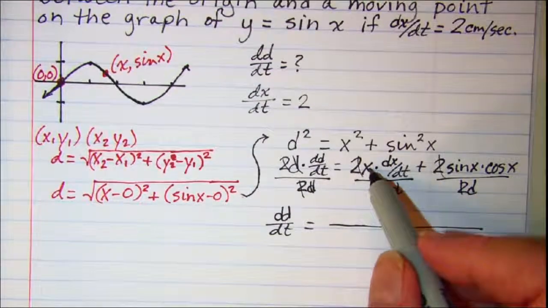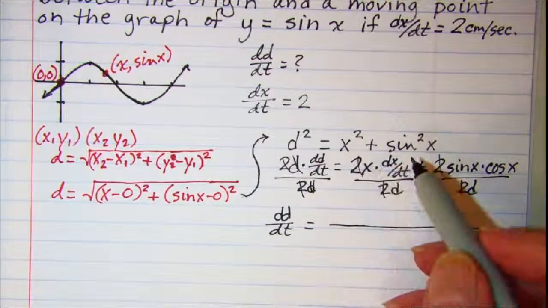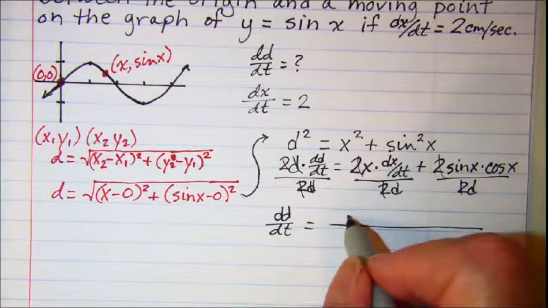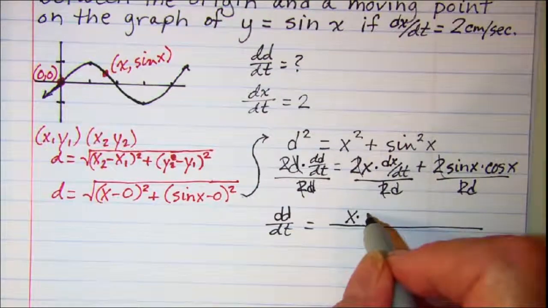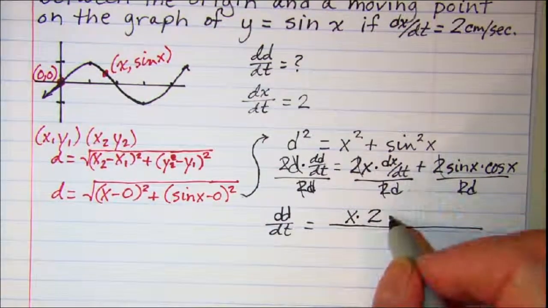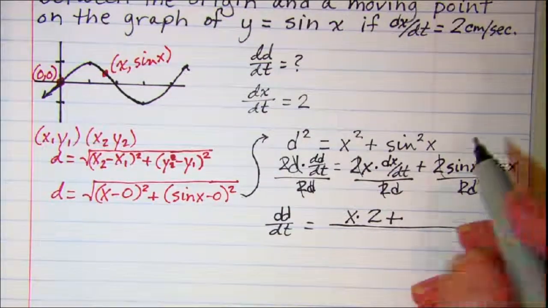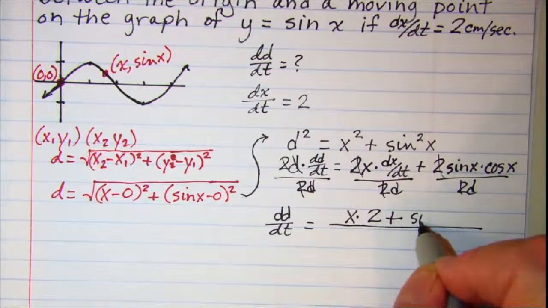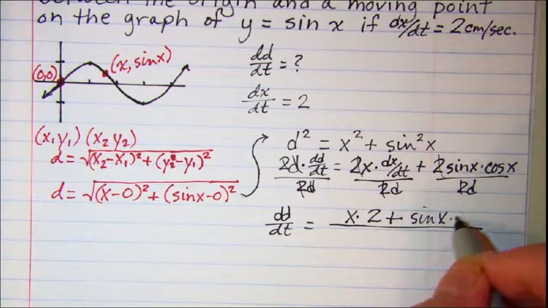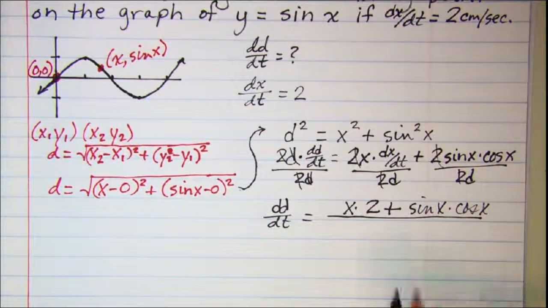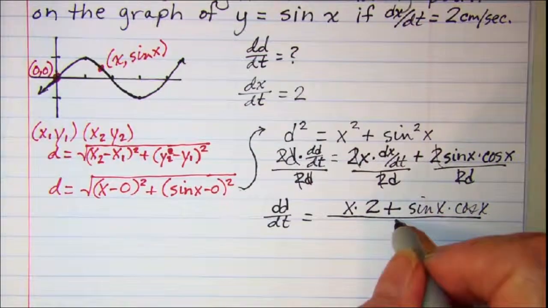Alright, the x I don't know, but dx/dt I know is 2. So I have x times 2 plus sine x times cosine x. And in the bottom I have a d.